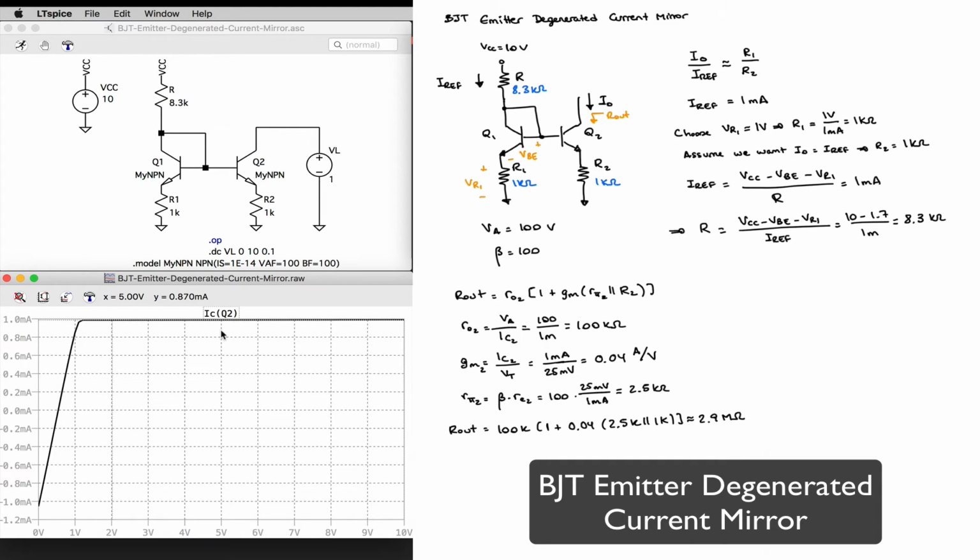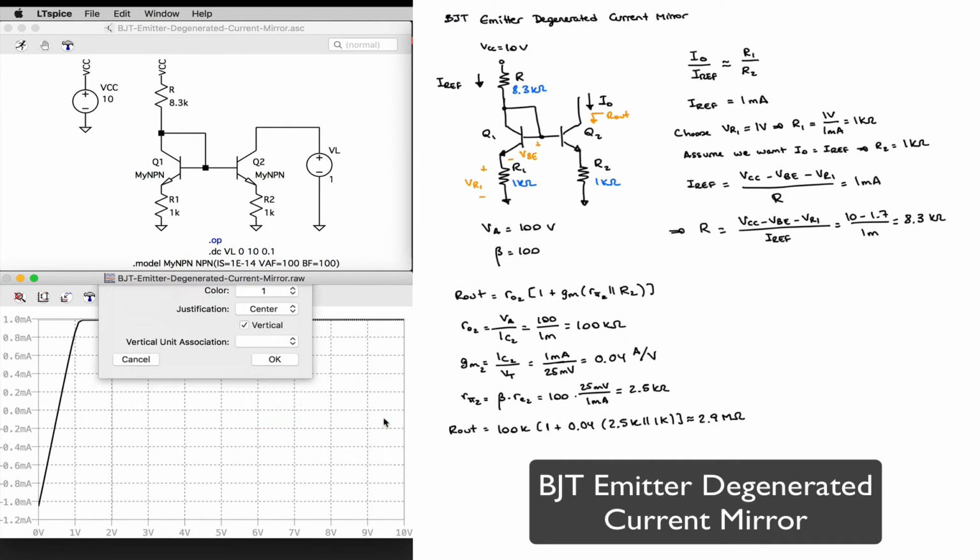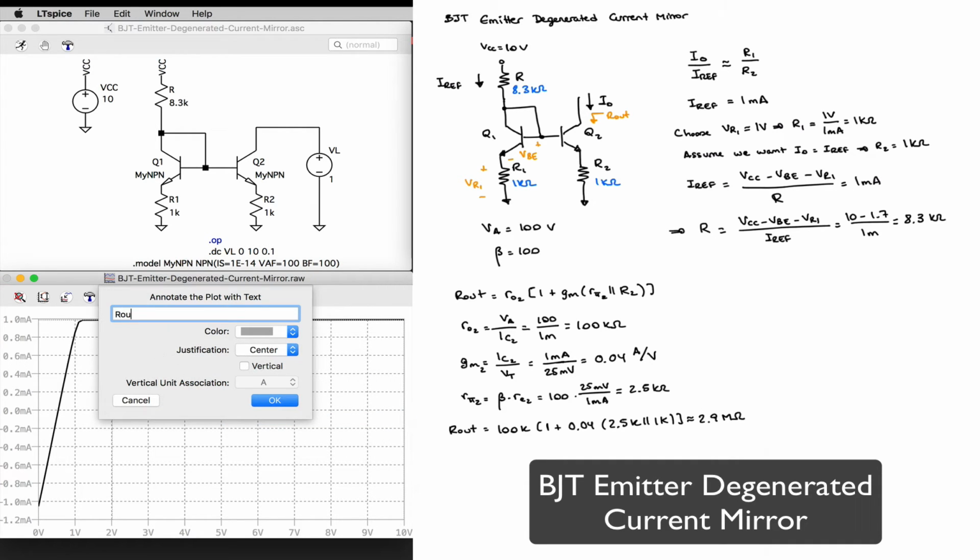If we do the calculation, we can write our output resistance in this case as being equal to 1 over the slope, or 1 over 4.04 e to the minus 7. Which gives me around 2.5 mega ohms.